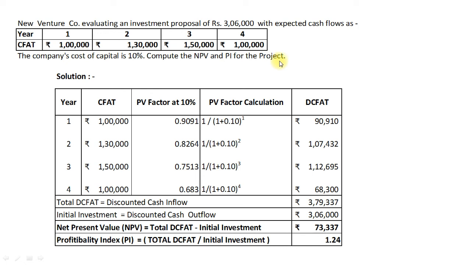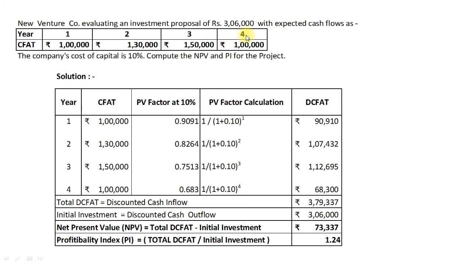Before we start the solution, let us understand. Here, the company is having one investment proposal in which investment requirement is rupees 3,06,000. So 3,06,000 is nothing but our initial investment required for the project. Now here we are given information of cash inflows for 4 years.